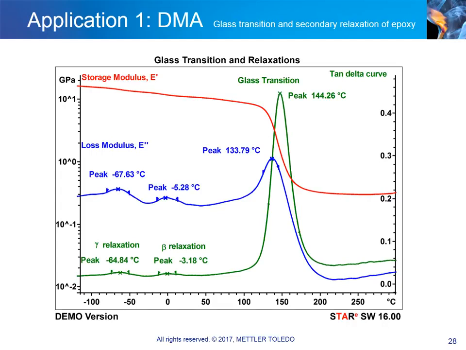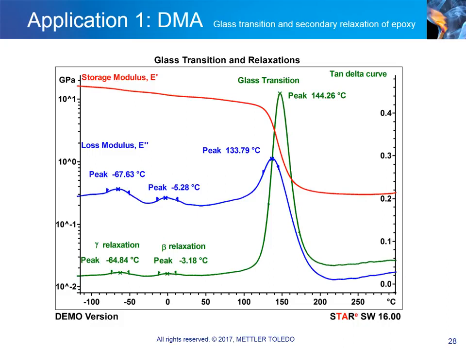The highest temperature relaxation is typically referred to as the alpha relaxation, whereas lower temperature relaxations are named beta, gamma, and so on. The alpha relaxation is usually the glass transition process, while the lower temperature transitions involve more localized molecular deformations, either inside groups or the main chain.